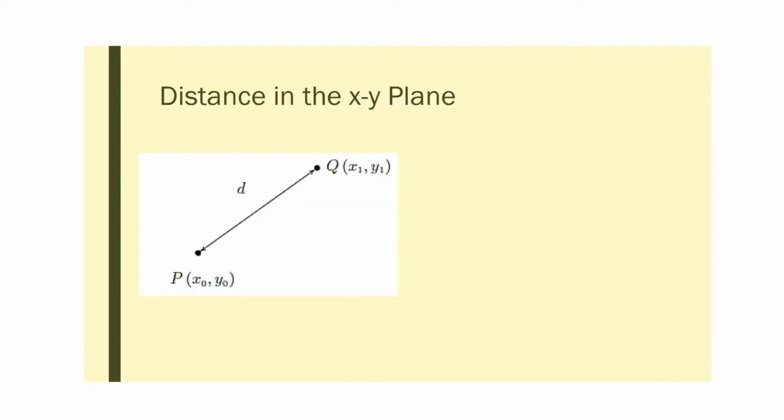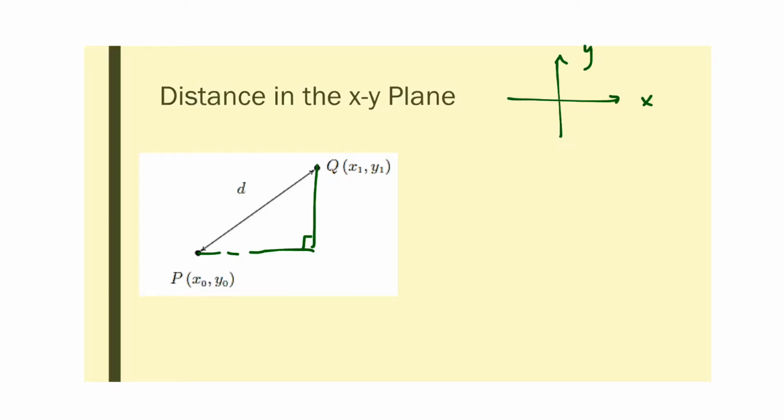Okay, next thing we're going to talk about is the distance between two points in the coordinate plane, because we want to think about this as a right triangle. Remember we're in the xy plane.